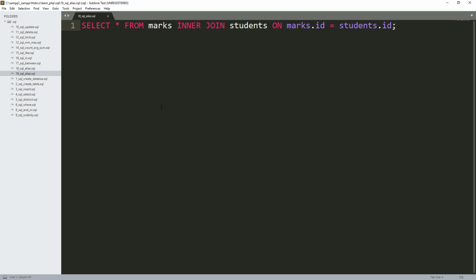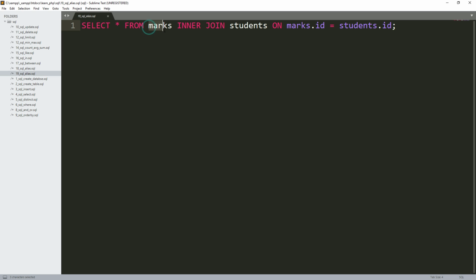Then we go back again to the primary ID. We use the ID of a student to record the mark of a student. So we now need to select data from two tables, because students have a separate table and marks have a separate table. That's why you see we are selecting from more than one table.